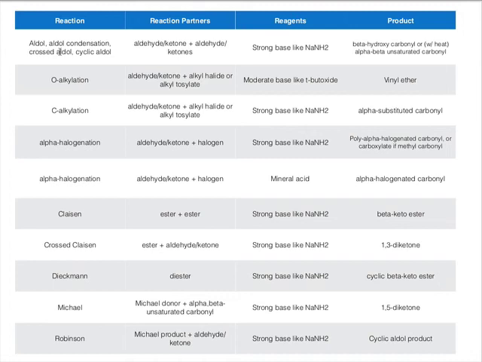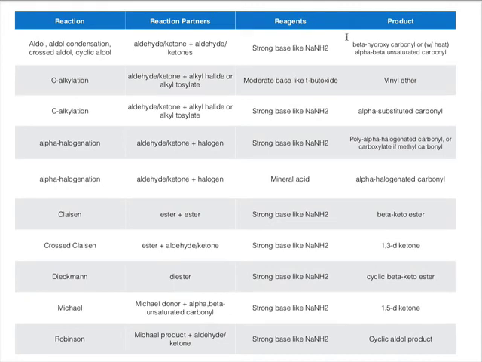If it's a crossed aldol, those are different aldehydes or ketones. In either case, we need a strong base like NaNH2, and the product will be either a beta hydroxycarbonyl, or if we have heat, the alpha beta unsaturated carbonyl. That's the aldol condensation part, is what happens when you have heat.